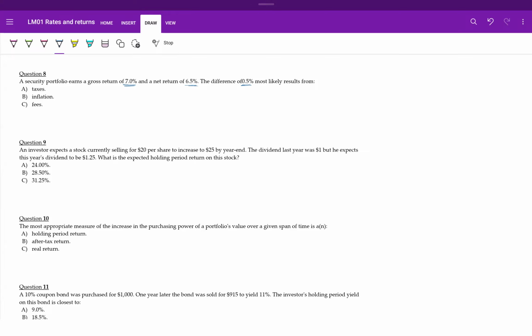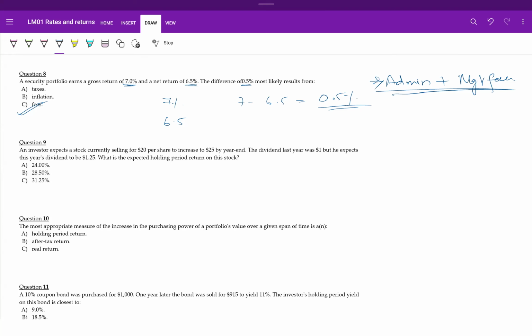So gross return is 7%, net return is 6.5%. 7 minus 6.5% is 0.5%. The difference here is due to administrative and managerial fees. Administrative and managerial fees.